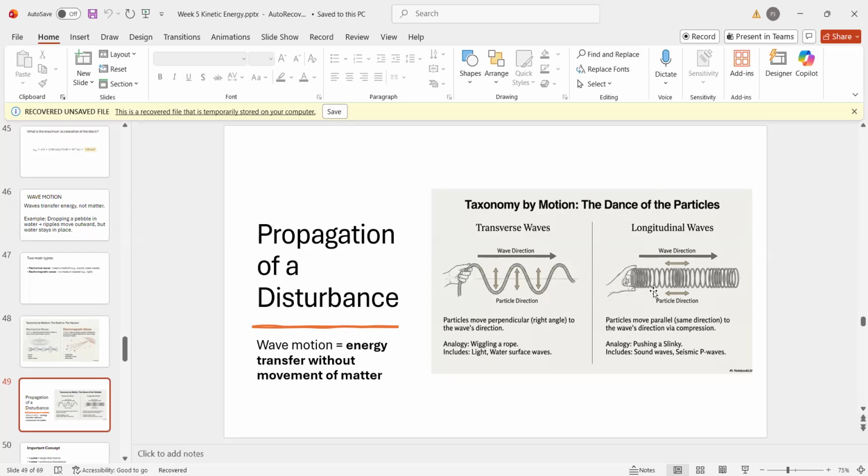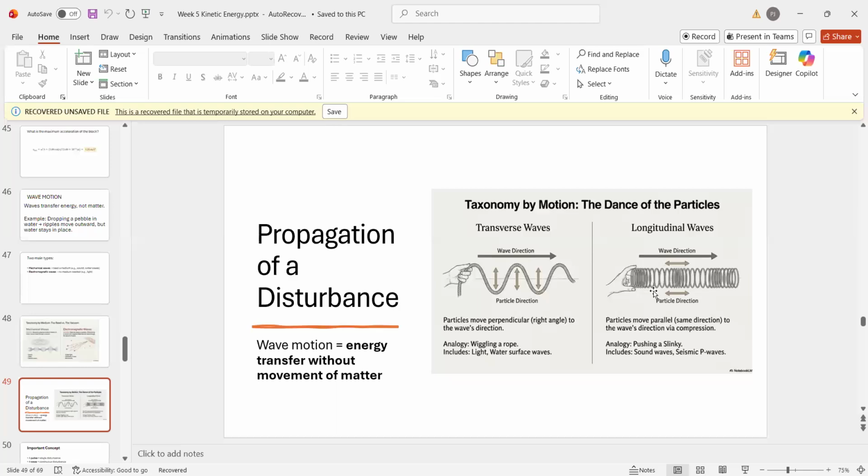But if you talk about longitudinal, the particle moves parallel to the wave direction. When you are using a spring, you compress, release, and release. So it moves parallel to the wave direction.